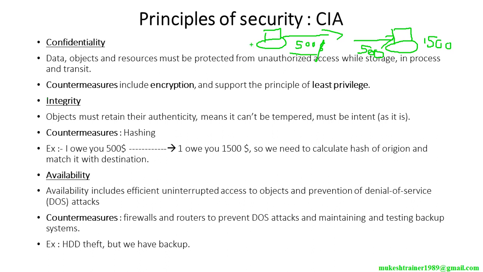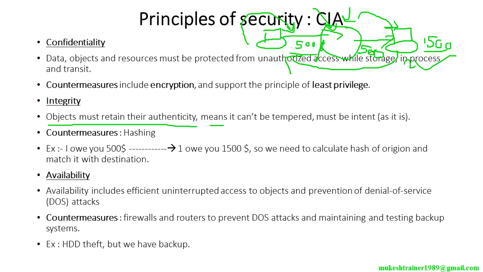So the concept here is the data going from PC1 should reach PC2 the same, because they have a hash value. So PC2 will match the hash value with the sender's, and only then it confirms the data is not tampered, because it can be tampered in the middle, in between, by an internet user or anyone in the network. So integrity is that objects must retain their authenticity, meaning it can be tampered, so it must be intact as it is.